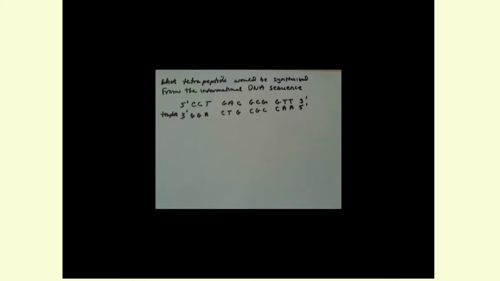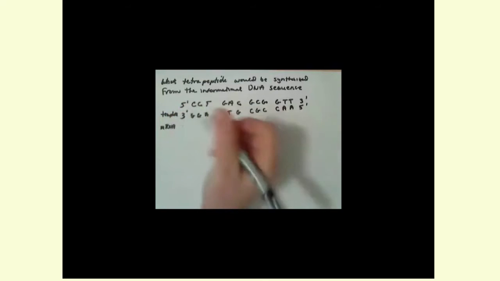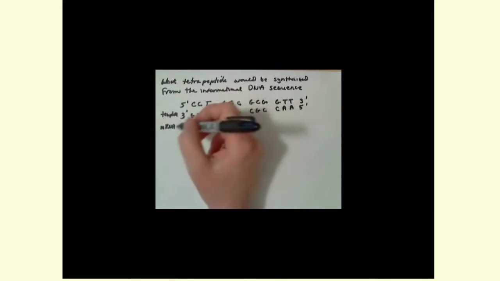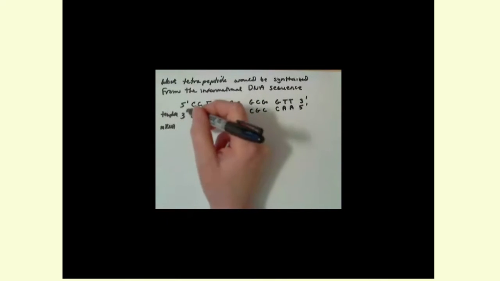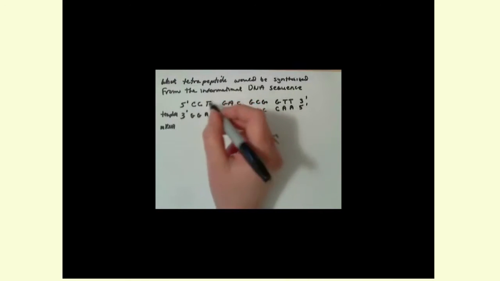Now let's take a look. I'm looking for the table in the book here. Oh, here it is. Okay. So here's what we have. Now let's do the messenger RNA sequence. Okay, and there are 2 ways we can do this. If we are given the informational strand, then we know that the messenger RNA strand is simply the informational strand sequence, but each thymine is going to be replaced by a uracil.